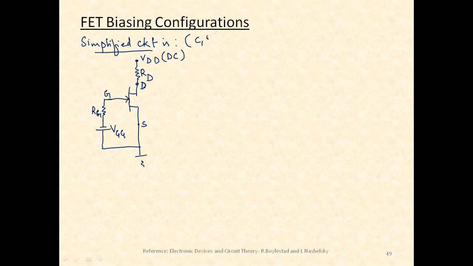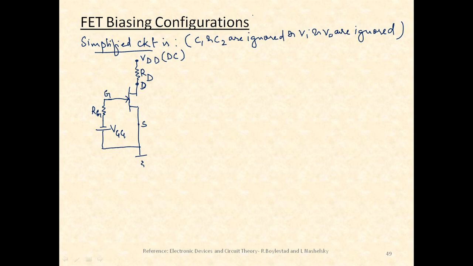Whenever I say simplified, C1 and C2 are ignored, and so are Vi and V0, they are also ignored, because of the reason that I just stated before. All right, so that's the simplified circuit which we have got.